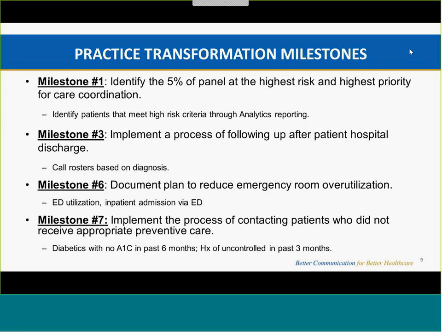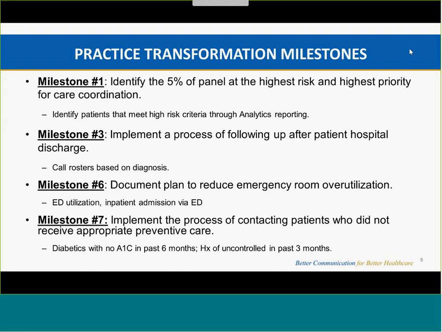So for this particular process, we can query and look at diabetics who did not have a hemoglobin A1C in the last 6 months, which is an important preventative care to make sure that there aren't spikes in blood sugar that are lasting for a long period of time, which we know increases the risks of diabetes and all of the complications. And then again, we can look at people who are considered history of uncontrolled diabetes if they've had one in the last 3 months.